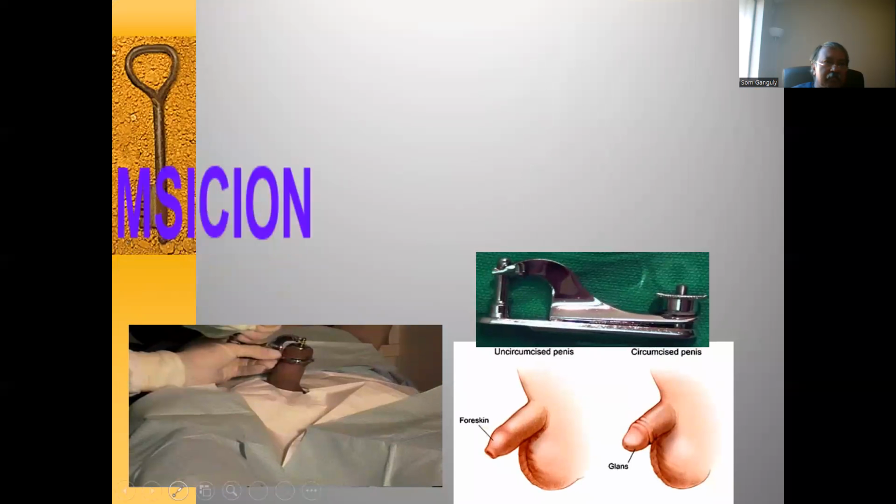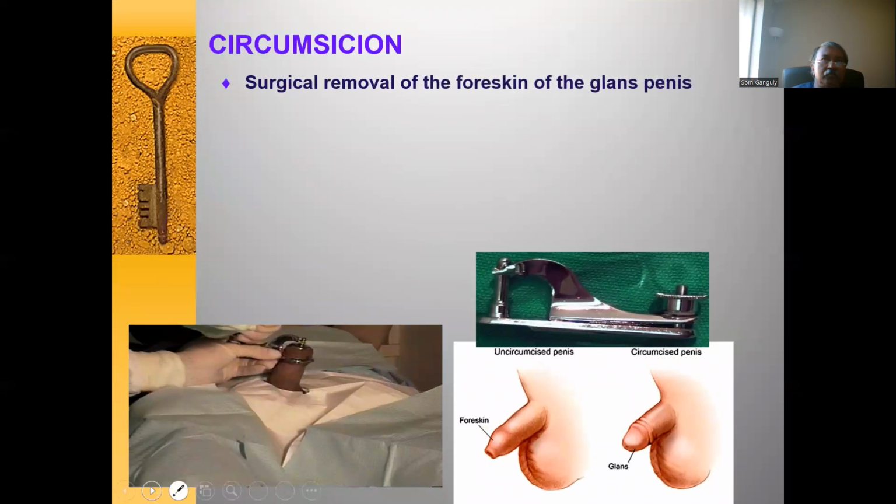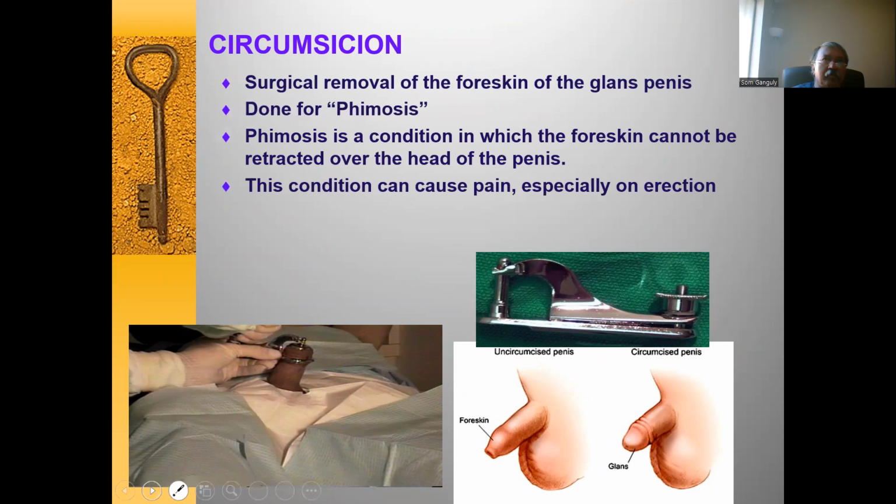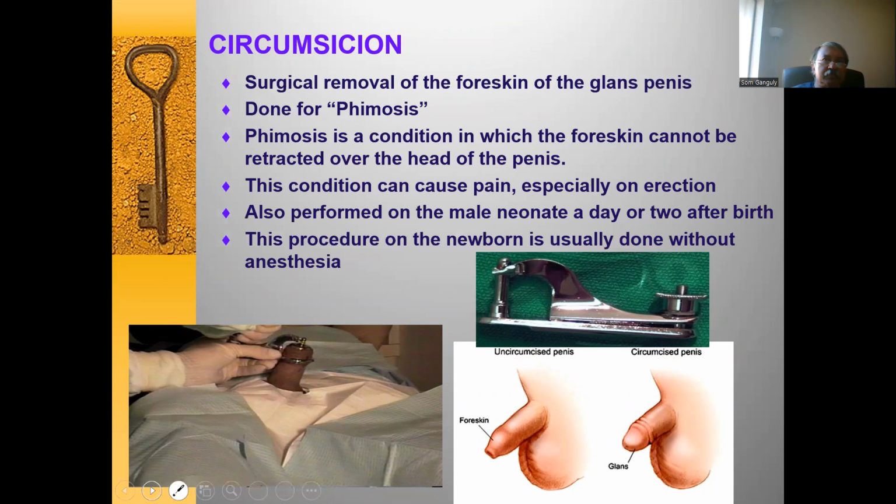And here is what we talked about. Circumcision, basically, using these Gomco circumcision instruments. Excess tissue, which is known as phimosis, is removed by using this Gomco clamp.